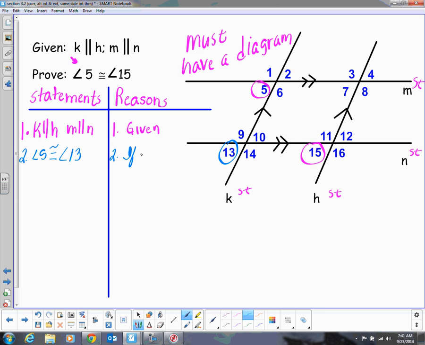If lines are parallel, what type of angles are they? What letter do they form? If we trace, and this is why you want a picture on each one, that's 5, that's 3. Right. Corresponding angles are congruent.